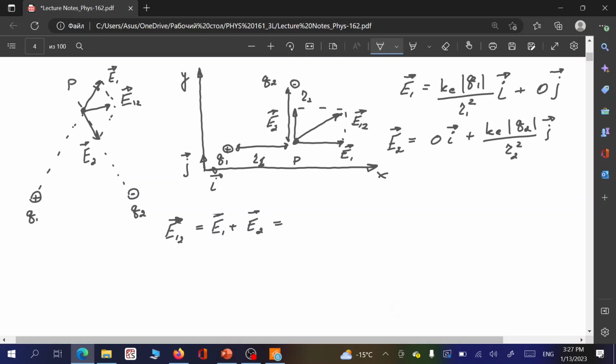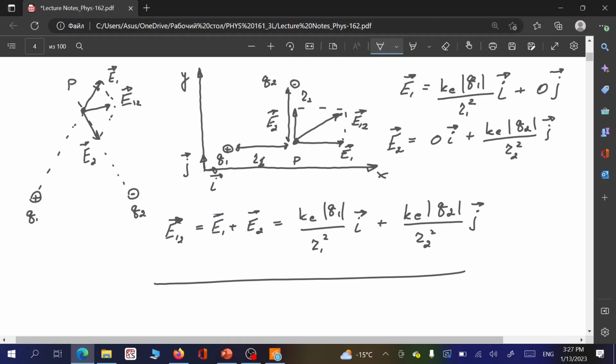And that will be KE times the absolute value of Q1 over R1 squared times the I unit vector plus KE times the absolute value of Q2 over R2 squared times the J unit vector. So this is the form of the resultant electric field vector E12 at this point P, created by the presence of these two electric charges Q1 and Q2.